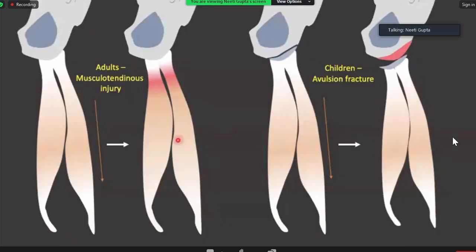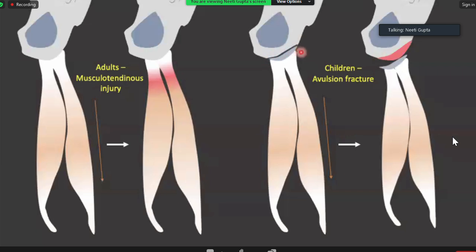Now, in adults, injuries caused by excessive tensile force on the muscle tendon bone unit tend to result in myotendinous injuries. But in skeletally immature patients, like I told you, the presence of these cartilaginous plates predisposes children to different types of injuries, such as apophyseal avulsion fractures, because this is the weakest biomechanical point in the pediatric skeleton.